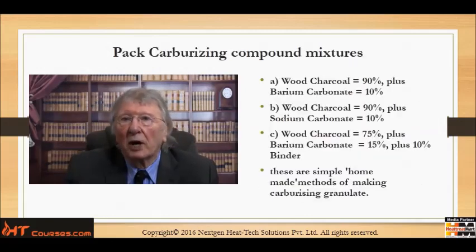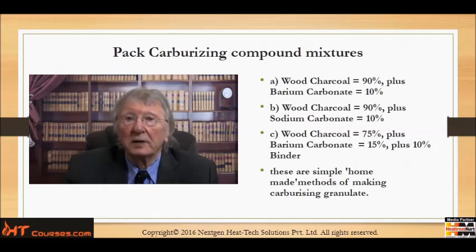Packed carburizing compounds are mixtures with activators. We see wood charcoal, and we can add to the wood charcoal 90% plus 10% of barium carbonate. On B, we can have wood charcoal 90% plus 10% sodium carbonate as the activator.